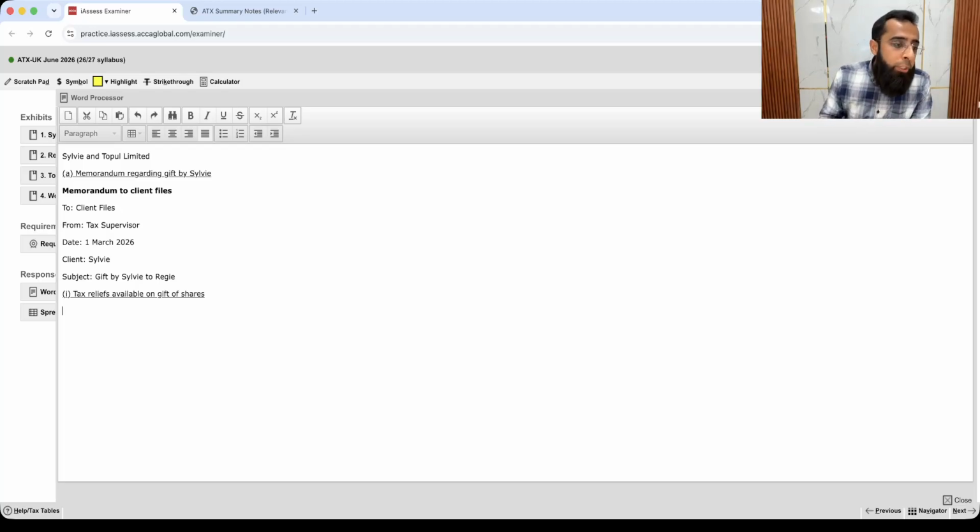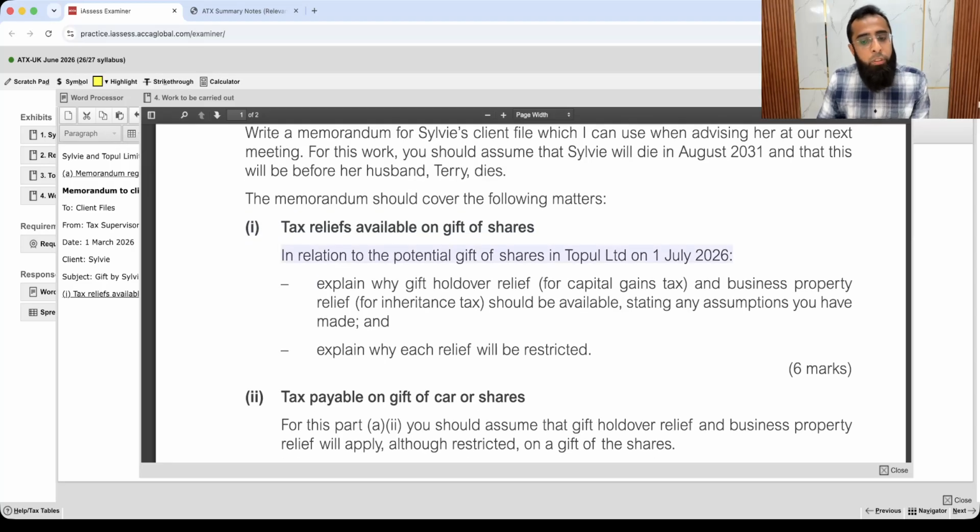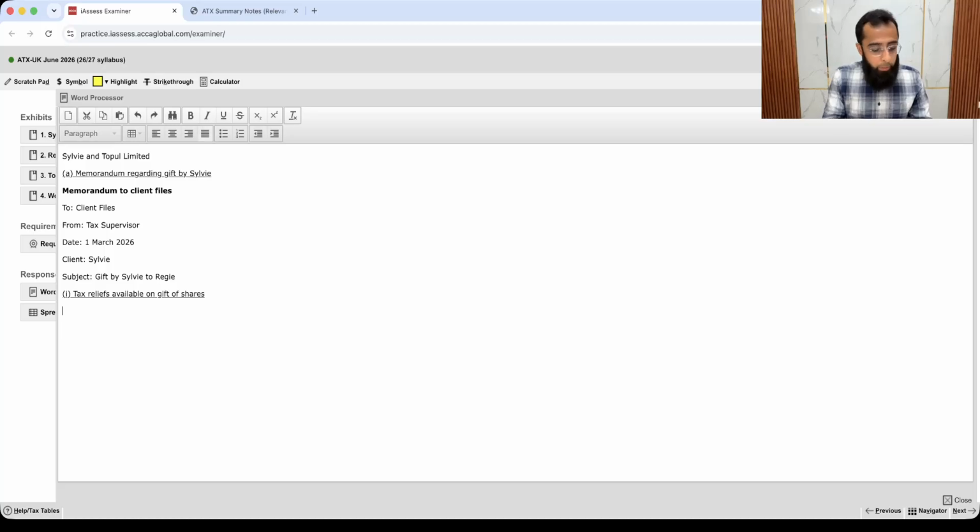Now, what is the question? The question is, in relation to the potential gift of shares in Topul Limited on 1st July 26, explain why gift holdover relief and business property relief should be available. So first we will talk about gift holdover relief. So let's talk about that. Okay.